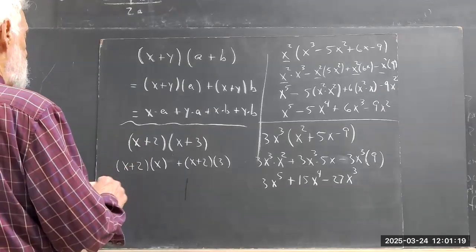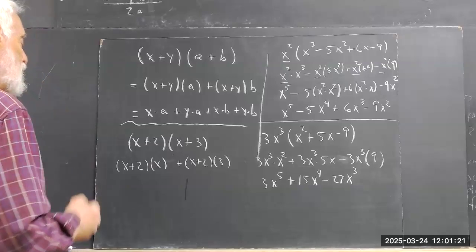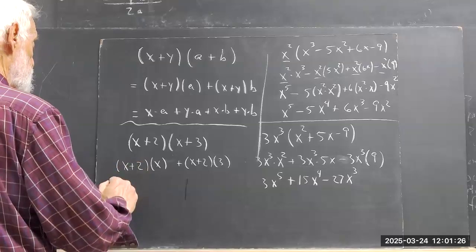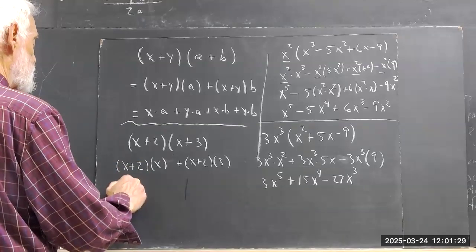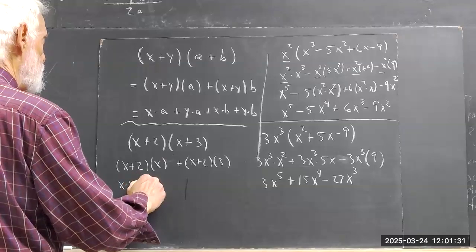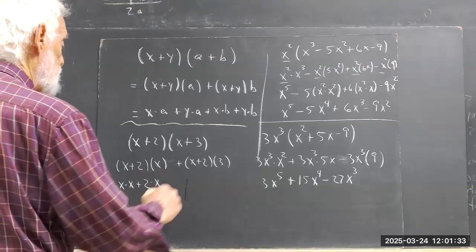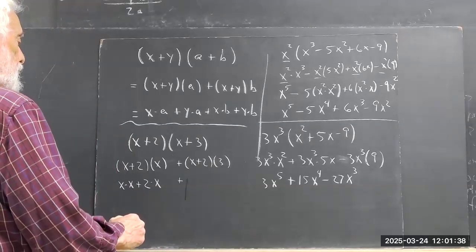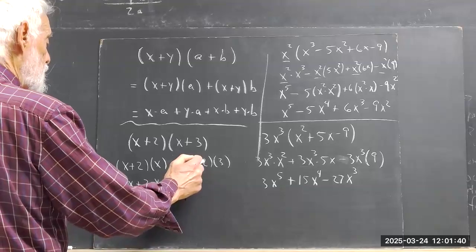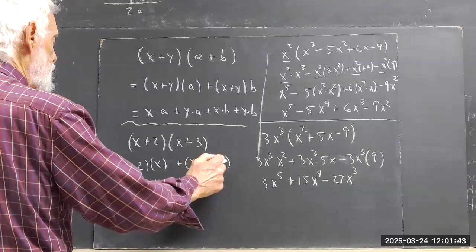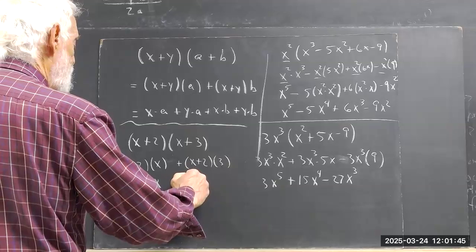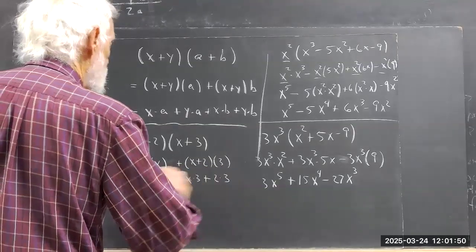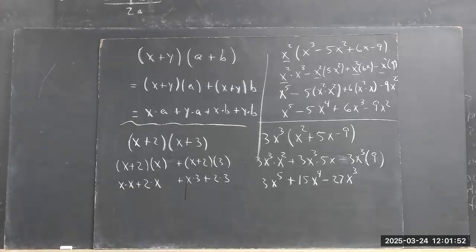And then multiply this x by everything in here. So we get x times x plus 2 times x, x times 3 plus 2 times 3.